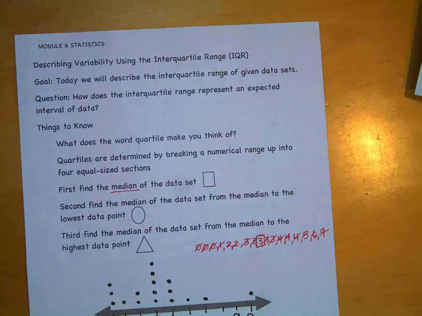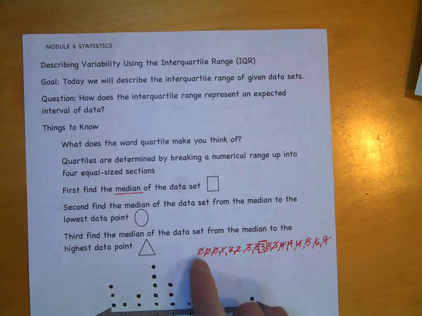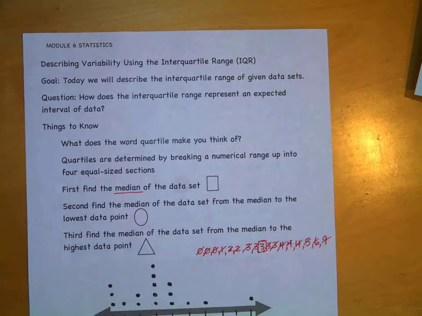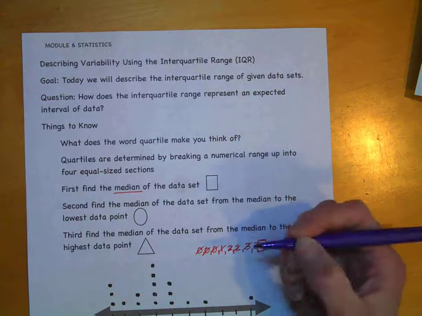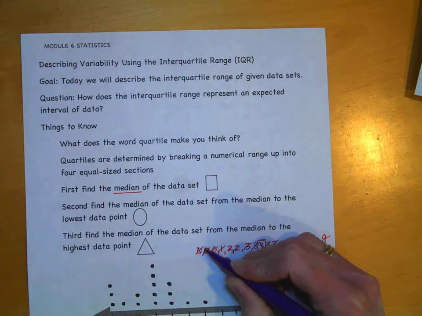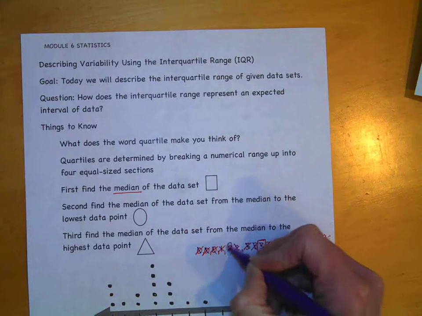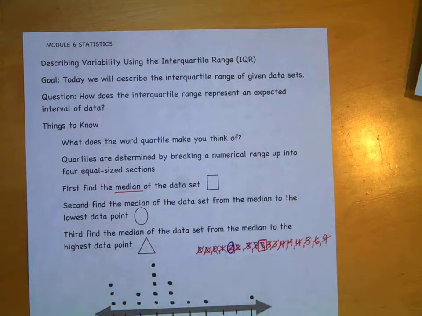Okay, then it says second, find the median of the data set from the median to the lowest data point. So basically you do the same thing, but this time you work backwards. I would take this one and this one, this one and this one, moving in from both ends, and so I put an oval around the second median of the lower data points.